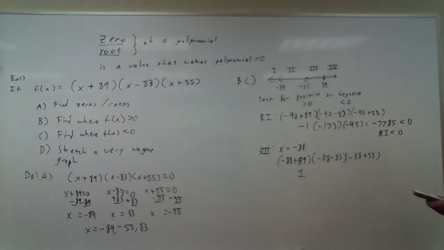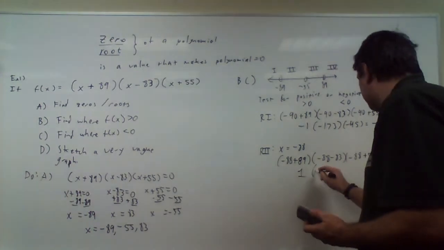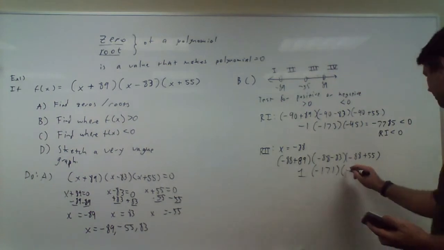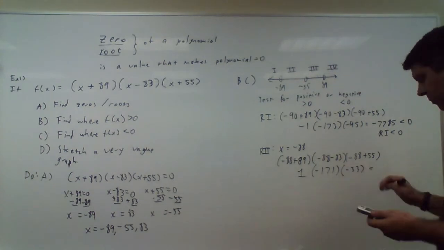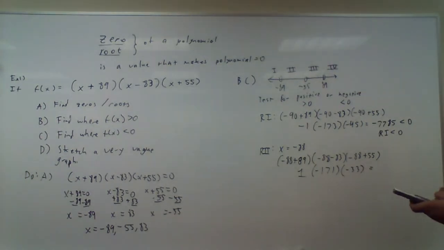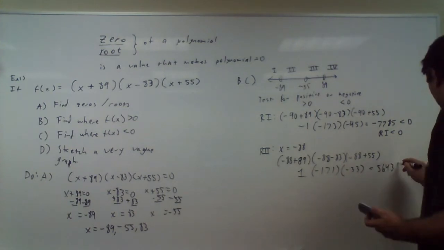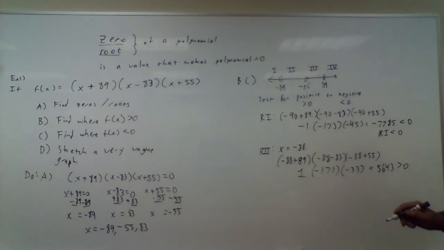Negative 88 minus 83, negative 171. And this is negative 33. Multiply the three numbers, and we get 5643, which is greater than 0. That means region 2 is also greater than 0.